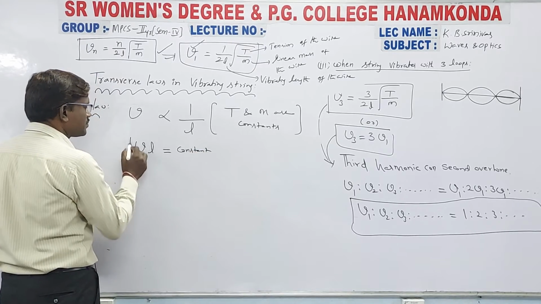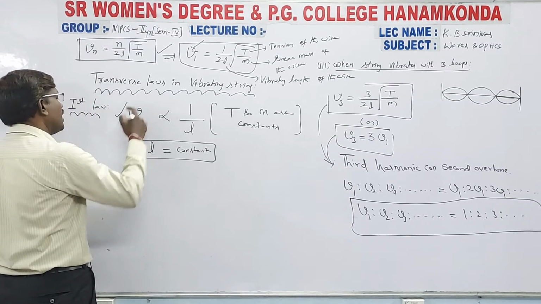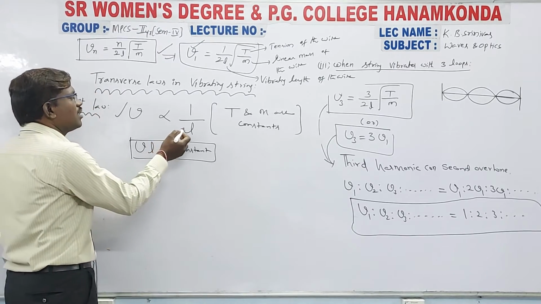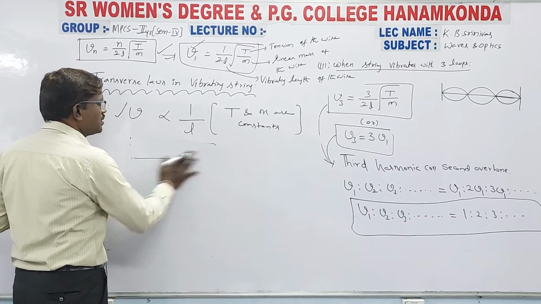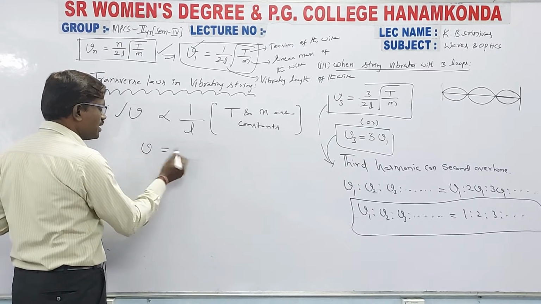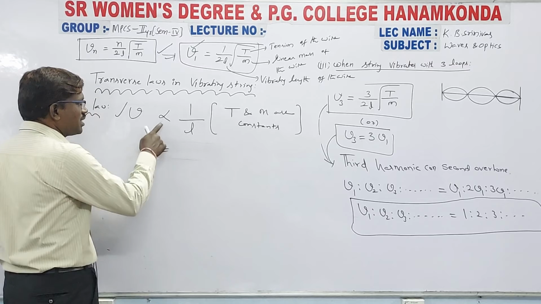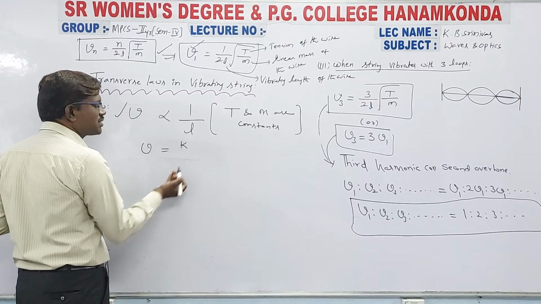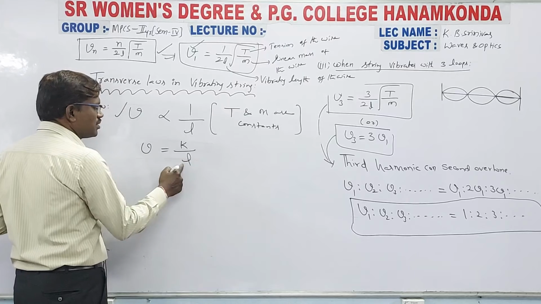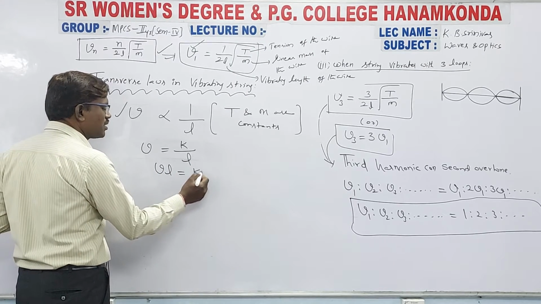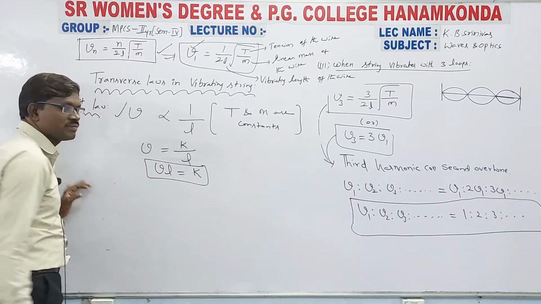If I take nu is equal to, instead of proportional, if I consider equal, immediately we have to consider one constant by L. So after cross multiplication, nu into L is equal to constant, K for constant.